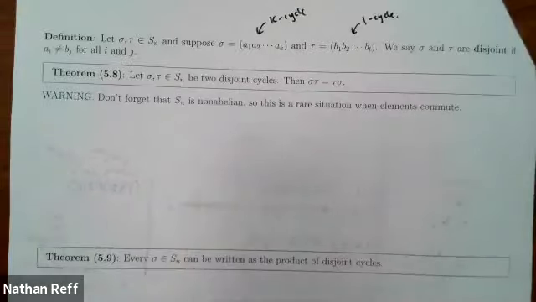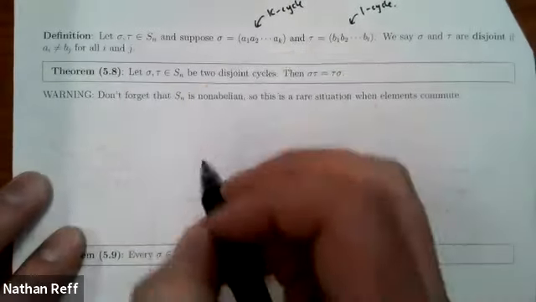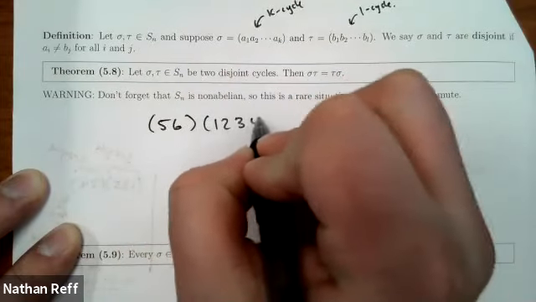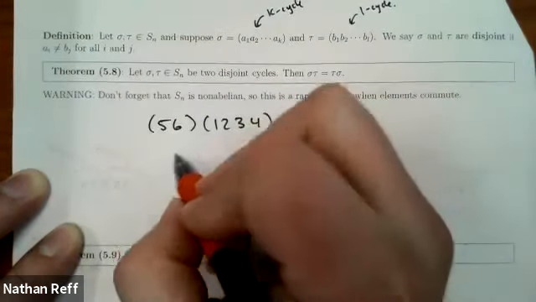But we could just do an example. Yeah, here's a good one. Okay, so let's say that I have 5, 6, and 1, 2, 3, 4. So these are disjoint.